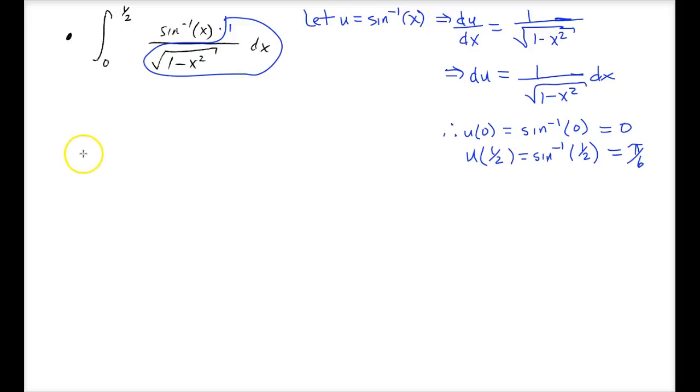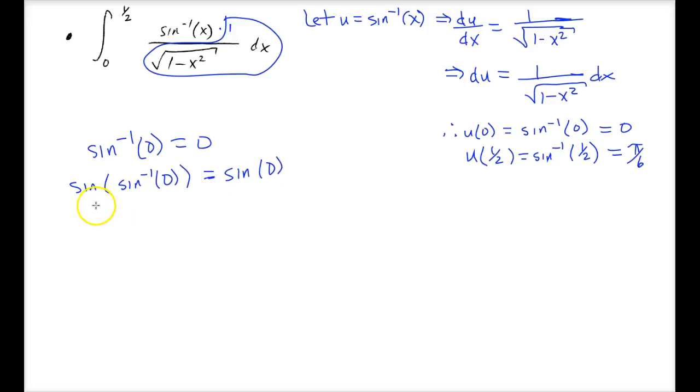So what I'm getting at is this. When we had sine inverse of 0 equals 0, then of course we can take the sine of both sides, and since sine and sine inverse within the ranges of -1 to 1 as far as the y values for sine are concerned, and we're looking at the values from -pi/2 to pi/2 for the angles for sine, whenever we do the inverse, everything's reversed now.